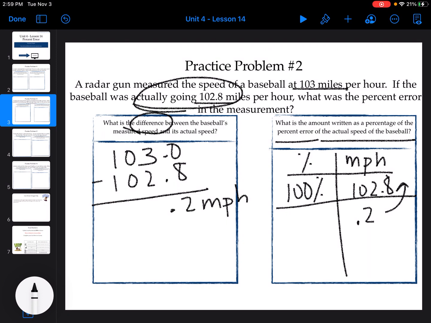So 0.2 divided by 102.8, I get 0.0019. So the 4 tells the 9 to stay the same, so we're going to leave it there when we're rounding. Times 100, and I get 0.19%. So it's not even a whole percentage point error, which isn't bad at all.